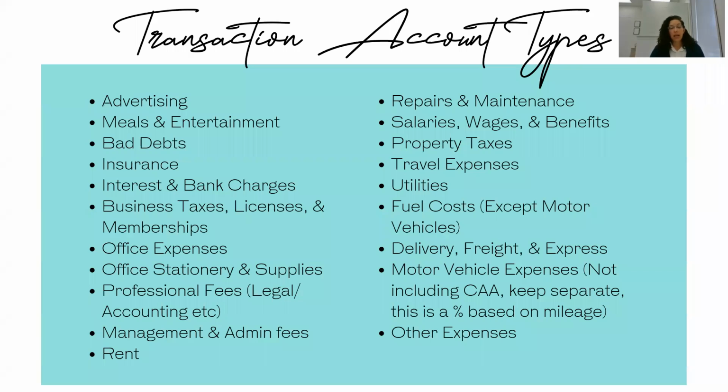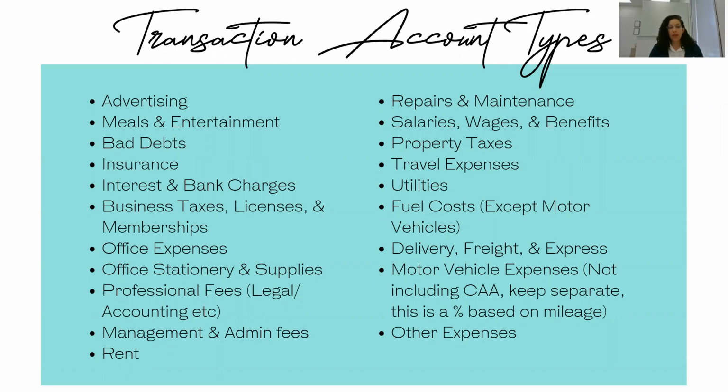Meals and entertainment, you're only able to get 50% back on that. Anything you buy for meals, for meetings and things like that, you can keep your receipts and write those off as meals and entertainment, but you do need to keep a log as to who you met with and what it was that you were discussing.